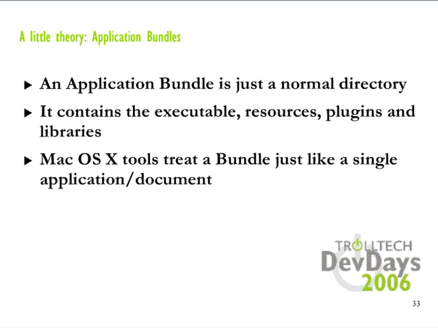There's a property list in this directory which defines what is in there. And so basically you put everything in one directory in certain paths. And Mac OS X will detect that it is actually a bundle and treat it just like a single application or document. I have a screenshot here.